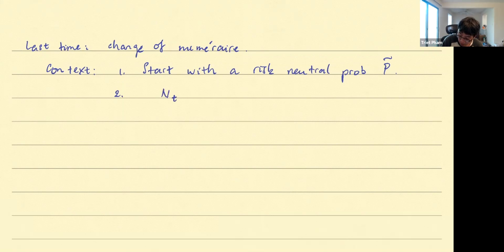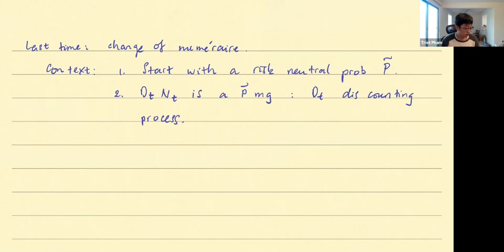There's an N_T process that satisfies, I'm going to write this. I'm not sure I introduced it last time, but this notation, D_T, D for discount. D_T N_T is a P tilde martingale. D_T is the discounting process. The reason I write it like this is because I want you to get used to it.